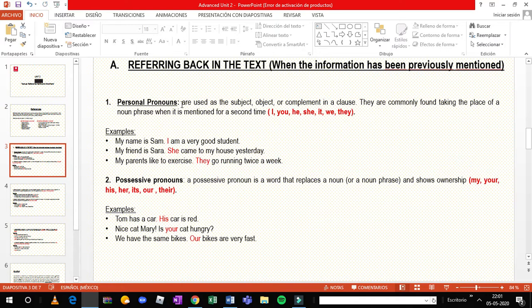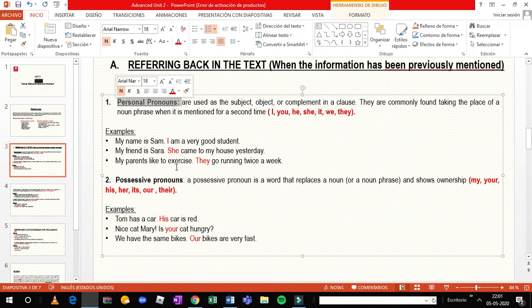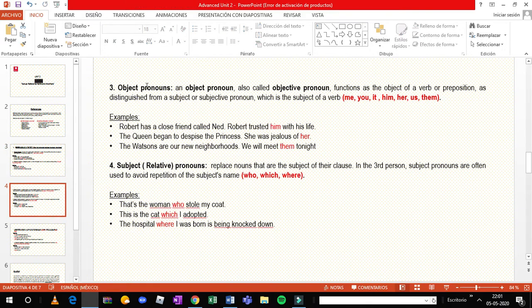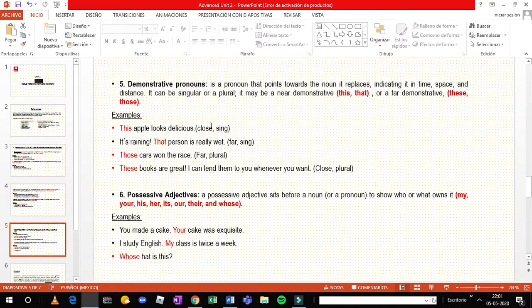Y para eso usamos los pronombres personales, los pronombres posesivos, los pronombres objeto, los pronombres sujeto o relative pronouns. Es un poco más común mencionarlos como relative pronouns. Demonstrative pronouns, que son los pronombres demostrativos, y los adjetivos posesivos.